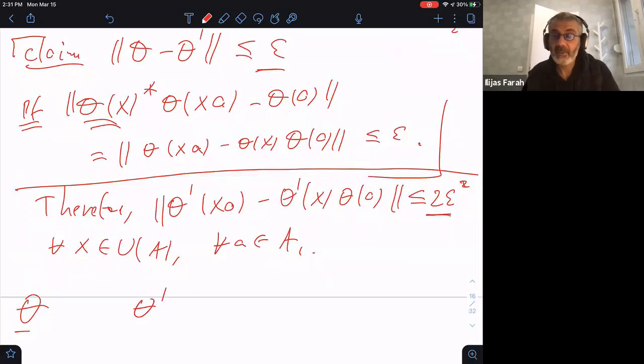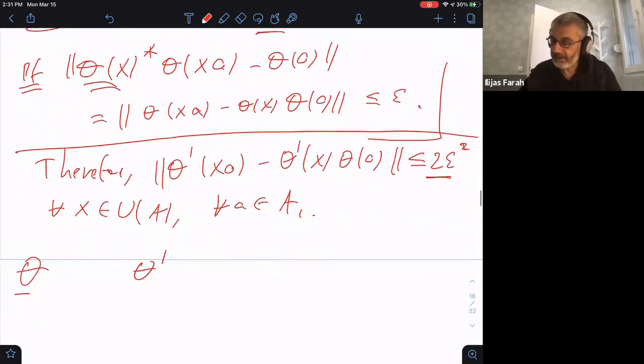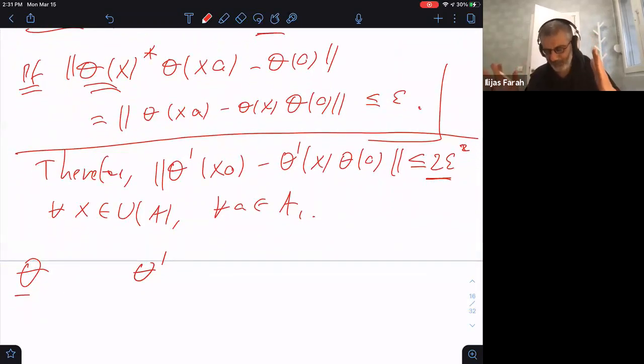If epsilon is small enough, 2 epsilon squared is much smaller than 2 epsilon. Now what you want to do is use theta prime to construct theta double prime, and it will be within 2 epsilon squared of theta prime, and this error will be 8 epsilon to the 4th, and so on. So basically we get a sequence.